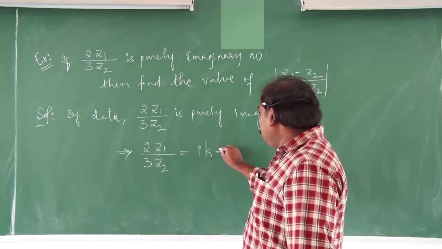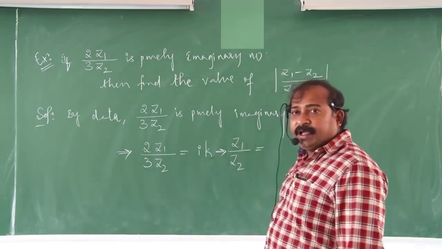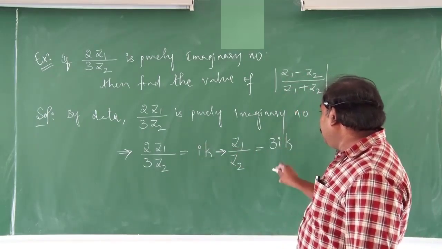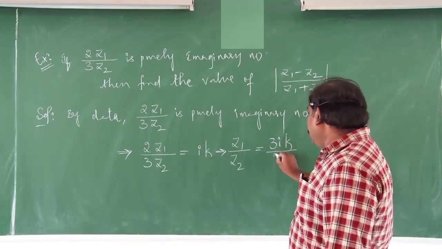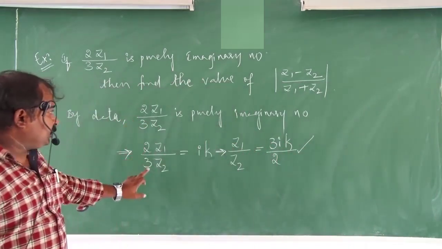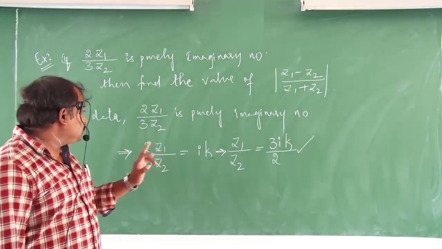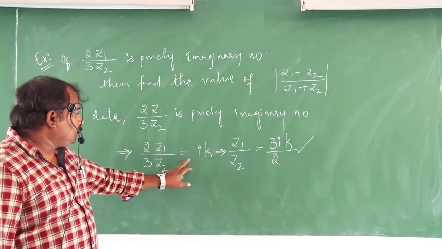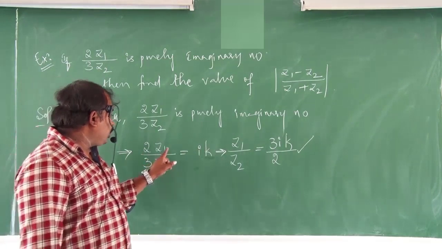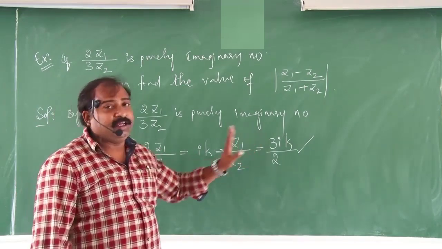So 2z1 by 3z2 equals ik. Automatically, multiplying 3 by 2 on this side, z1 by z2 equals 3 by 2 ik.